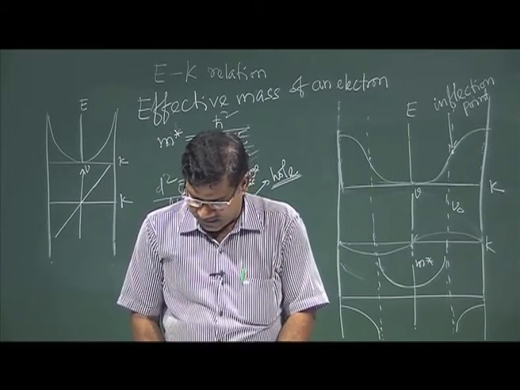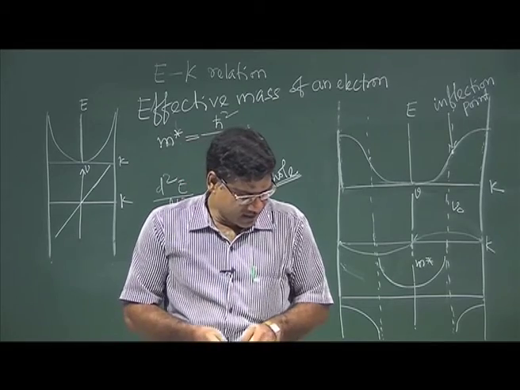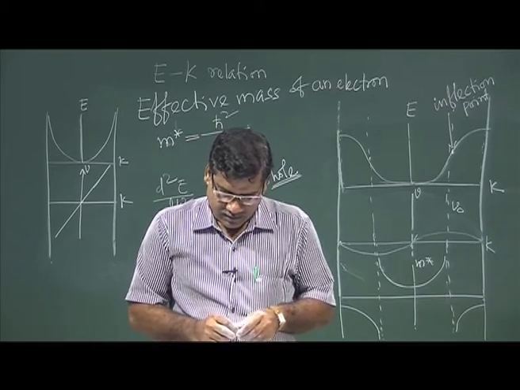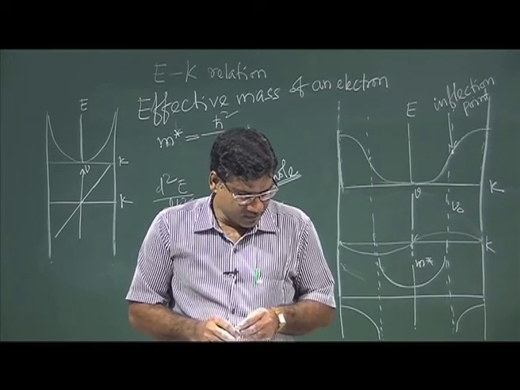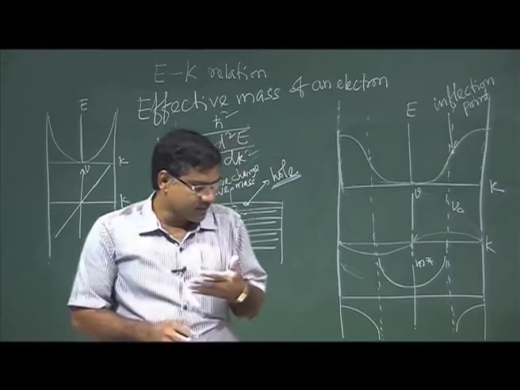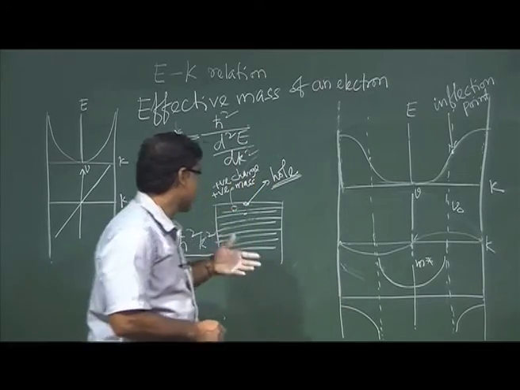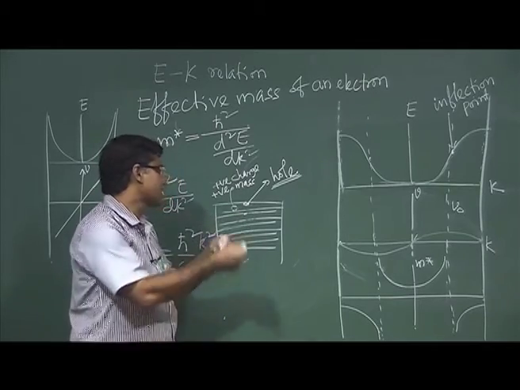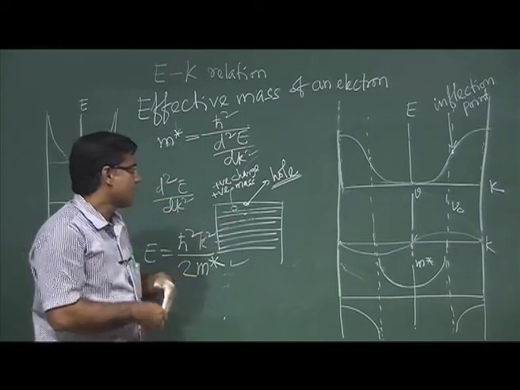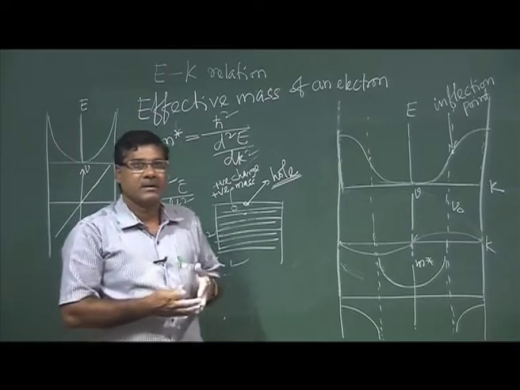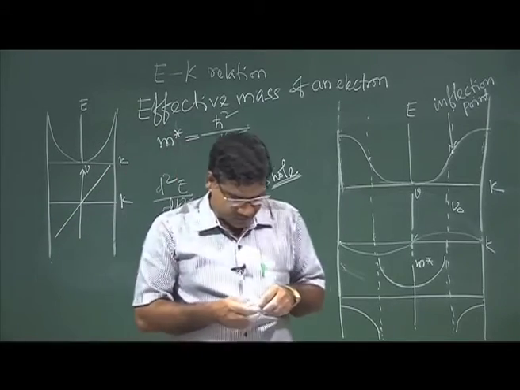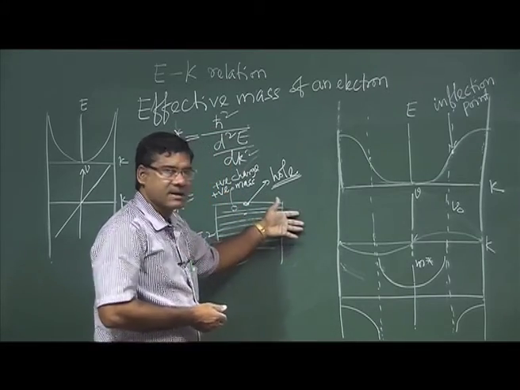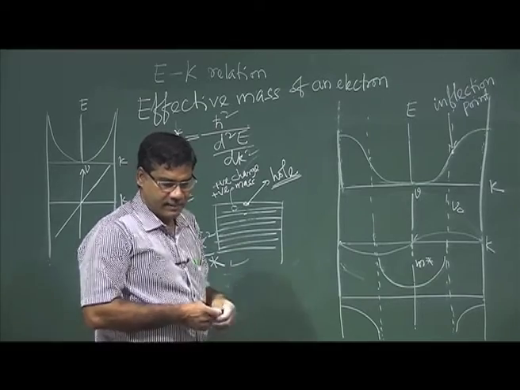I think there are many things we discussed about the energy, about the band, how many orbitals this band contains, how electrons are distributed among them, and when it will show metallic behavior, semiconducting behavior, or insulating behavior, right.